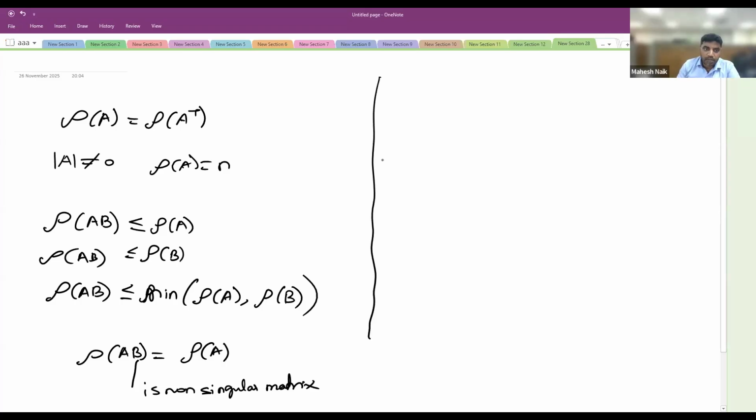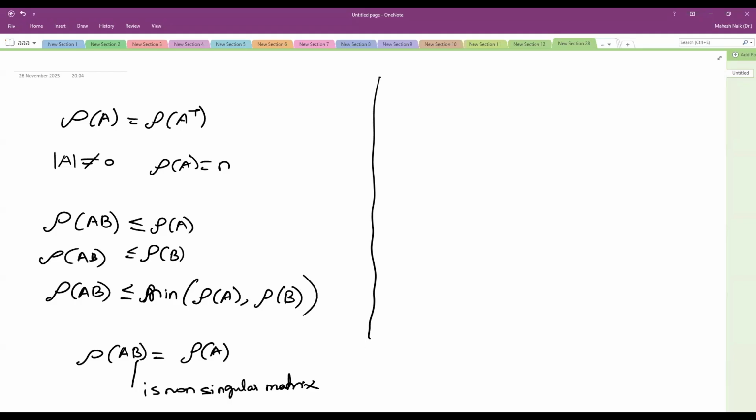Sir, can I ask a related question? Yes. You have defined equivalently that the rank of a matrix is the highest order of a non-vanishing minor. This result is quite useful where the order is quite small, 2 cross 2, 3 cross 3, or at most 4 cross 4. In computation, row echelon form is quite helpful because it is easy to calculate.